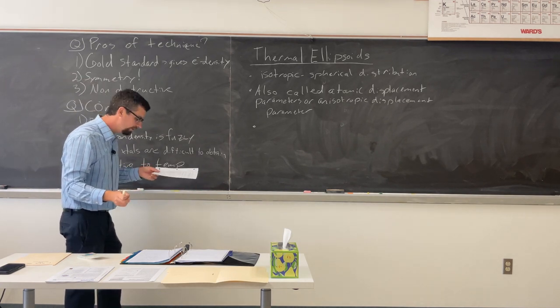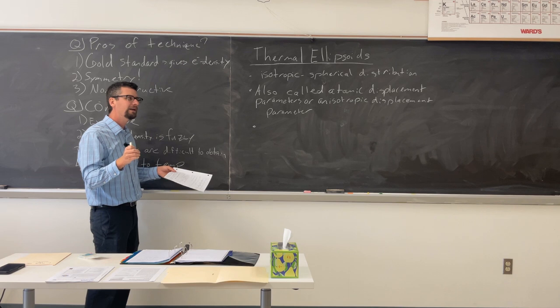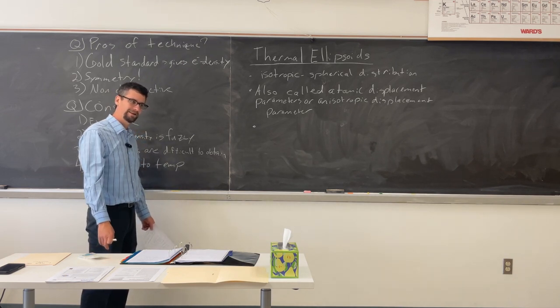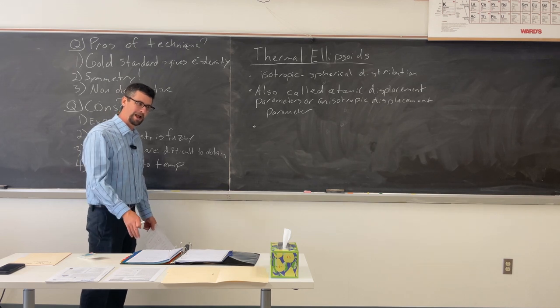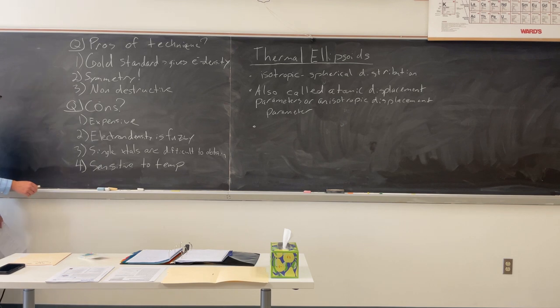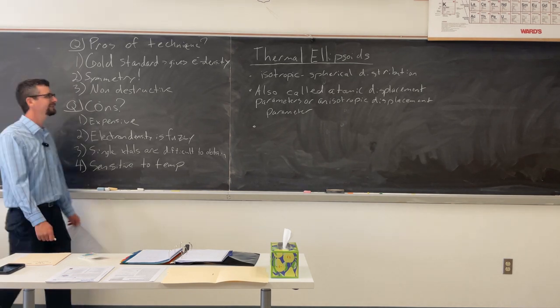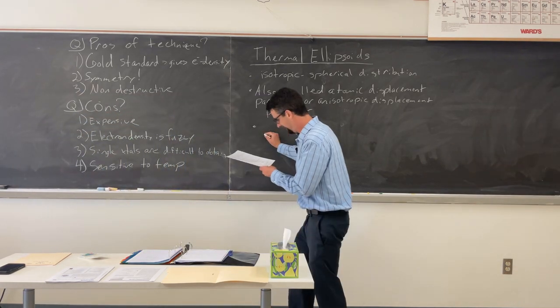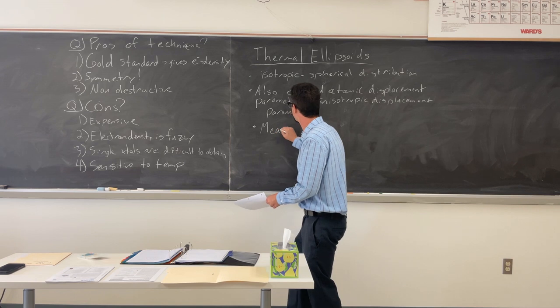Anisotropic, anisotropy. Why can't I say that word right now? Are you having a stroke? Anisotropic. There you go. I swear to God, my life is like me being stuck in a barrel with a stick to talk to people. It's absolutely awful.